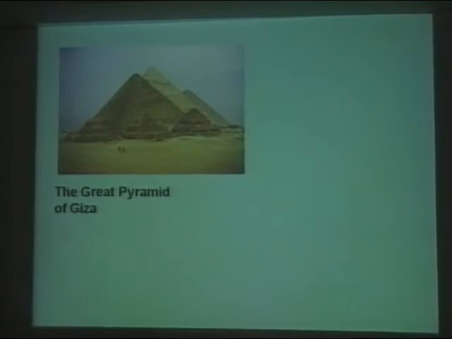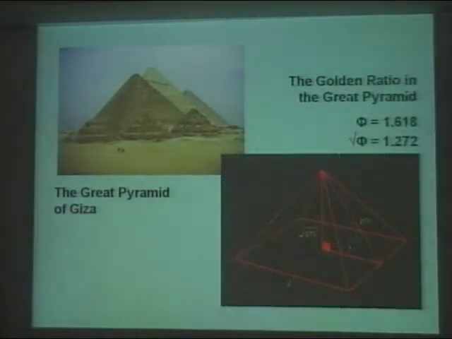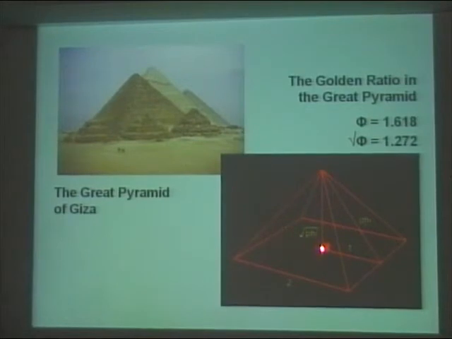And the golden ratio is even involved with the pyramids. This is the Great Pyramid of Giza. And in it, if one takes a point at the center of the base of the pyramid out to the edge of the pyramid, and you take that as 1, then obviously the whole base is 2, right?